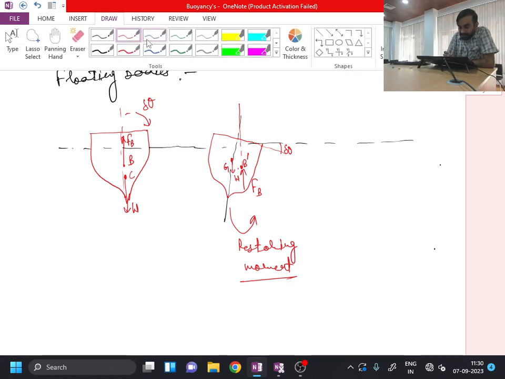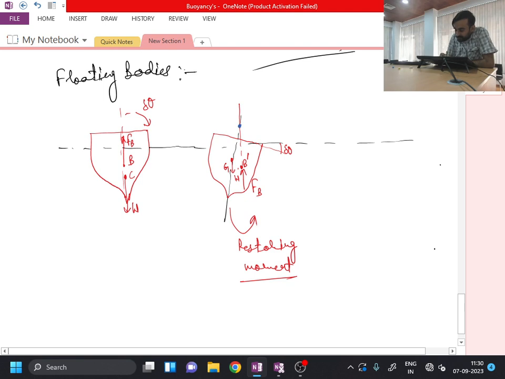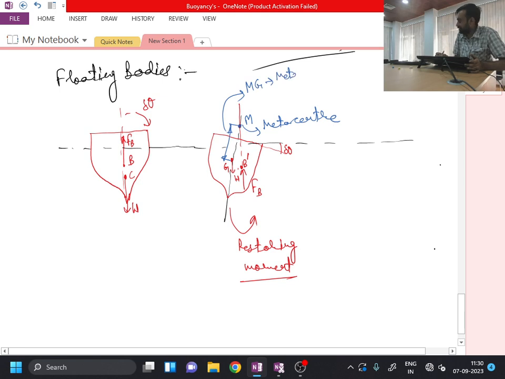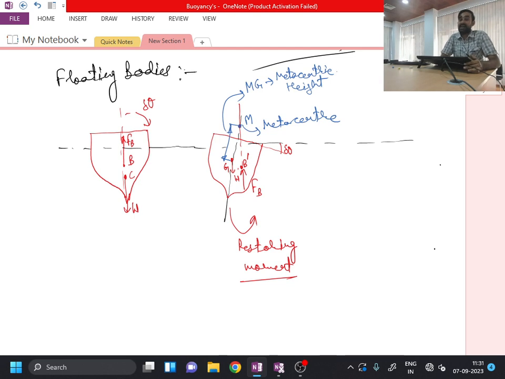Now the intersection of the older line of action of buoyancy force and the new line of action of buoyancy force is something which is called the metacenter M. Okay, and the distance from M to G, this distance MG, is called the metacentric height.